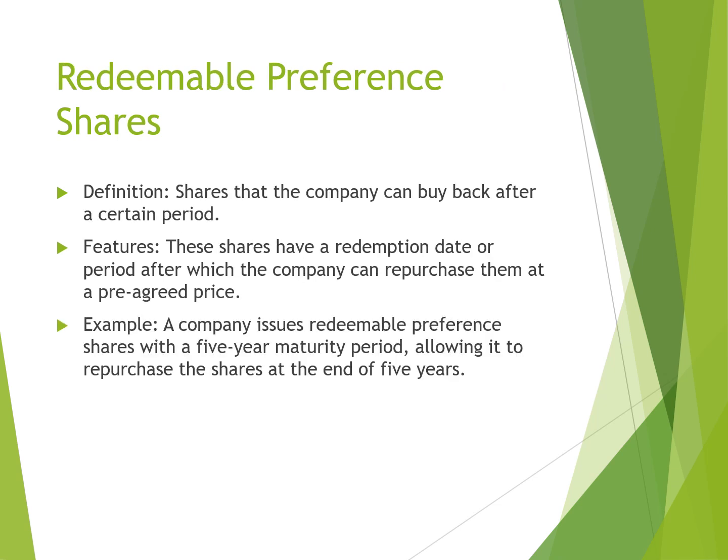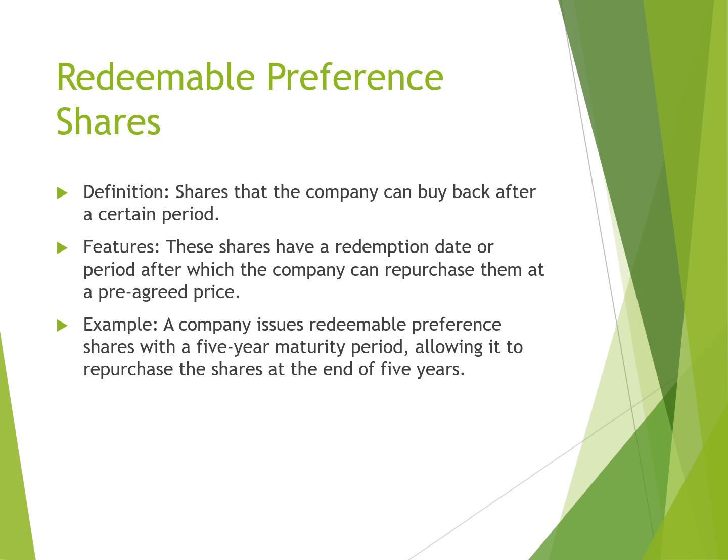Then redeemable preference shares. Redeem means getting back or buying back after a certain period. Here the duty of the company is to redeem the share amount. The agreed share amount should be repaid to the preference shareholders. These shares have a redemption date, like a maturity date.